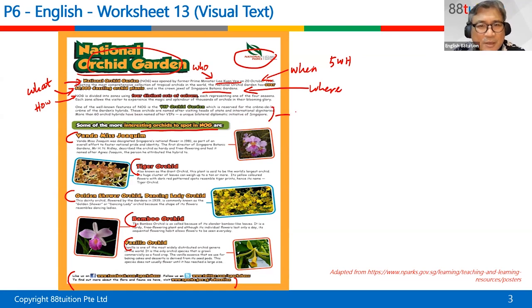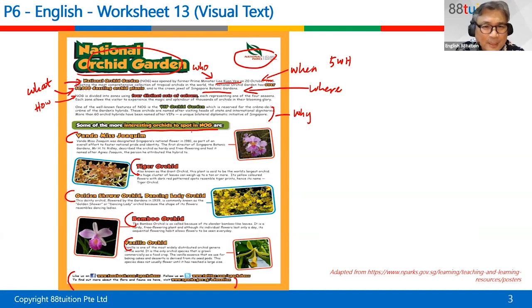Okay, so there is a kind of a why there is a VIP orchid. What is the purpose of the VIP orchid garden existing? It is to help promote diplomatic ties by naming orchids after diplomats, very important dignitaries from overseas.